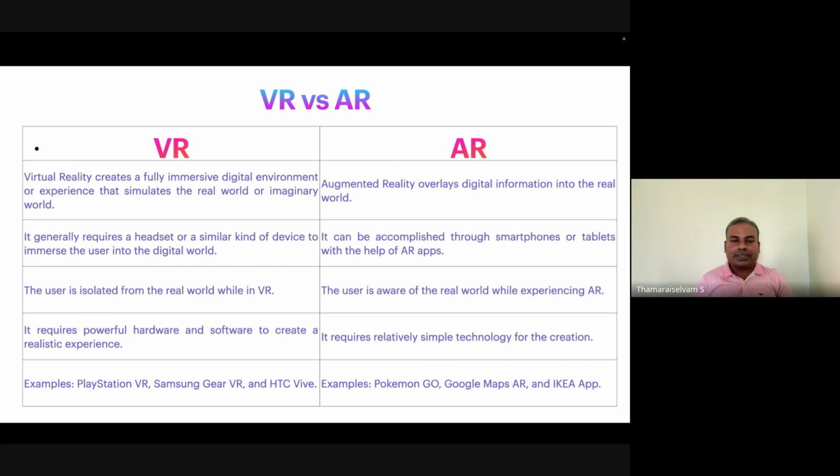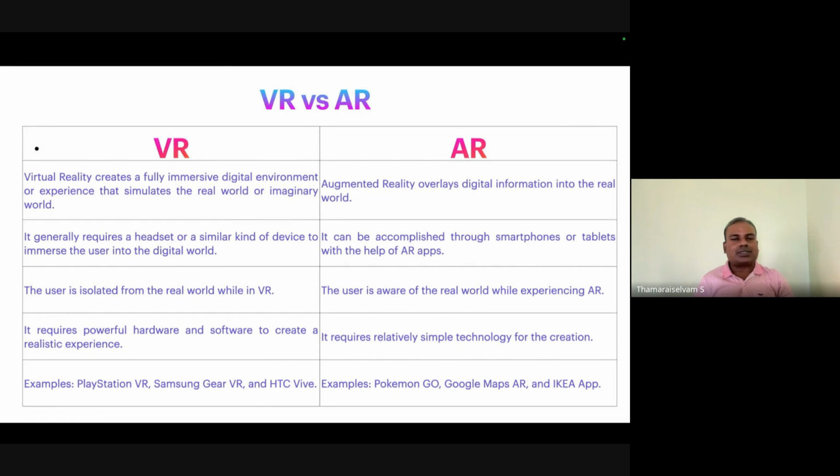Virtual reality generally requires a headset or a similar kind of specialized device to immerse a user into the virtual world, whereas augmented reality is basically accomplished through smartphones or tablets. In virtual reality, people use a headset; only then will they get completely immersed into a virtual world. In an augmented reality environment, people use smartphones or tablets.